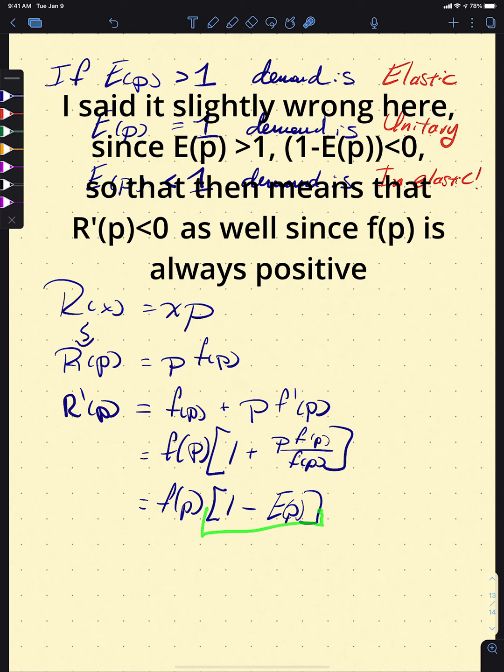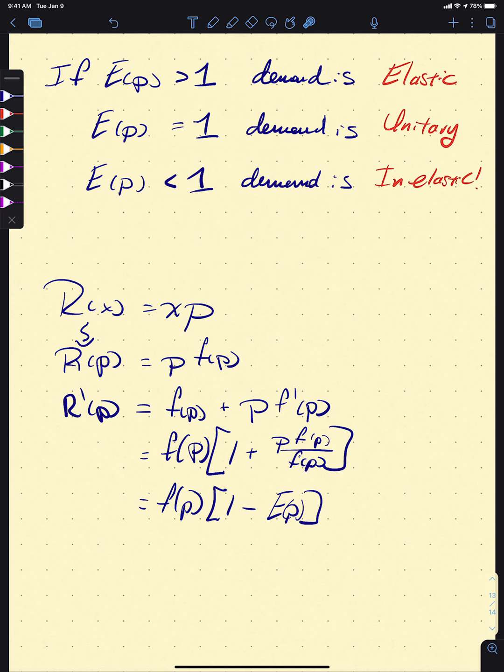And since my F of P is always positive, that means that my R prime is negative. So a small increase in the unit price when P equals A, for some elastic value, results in a decrease in revenue, whereas a small decrease to the unit price gives us an increase in revenue.